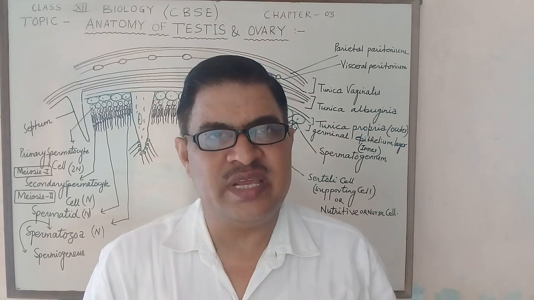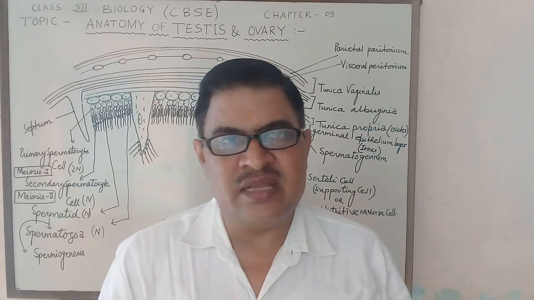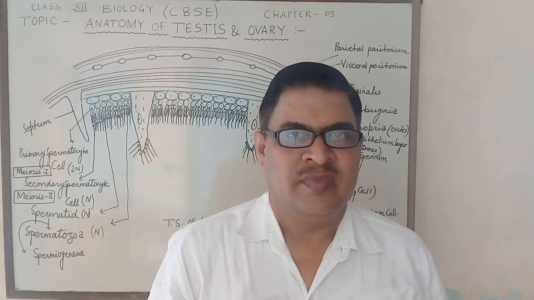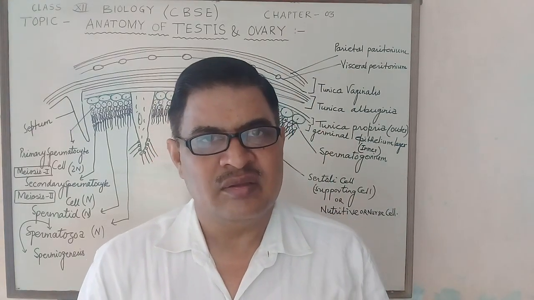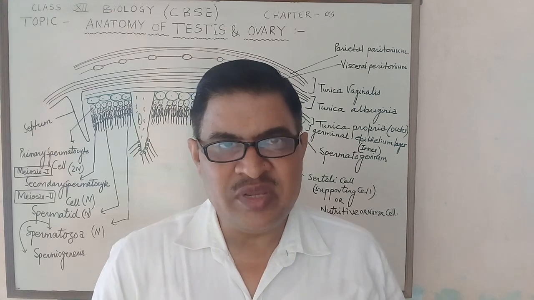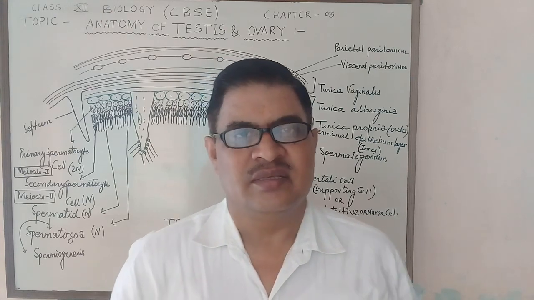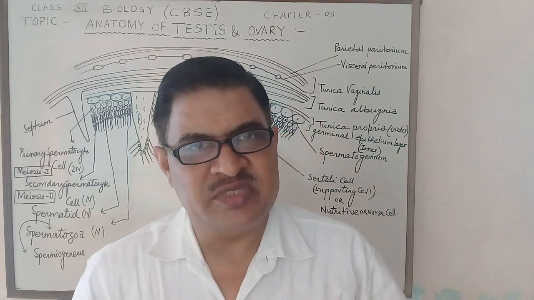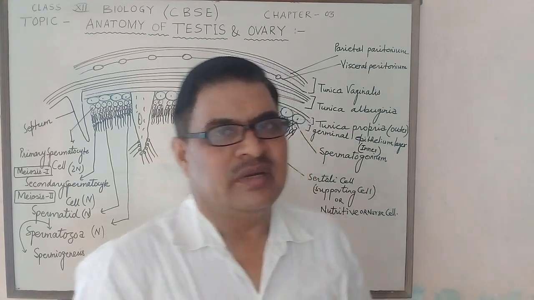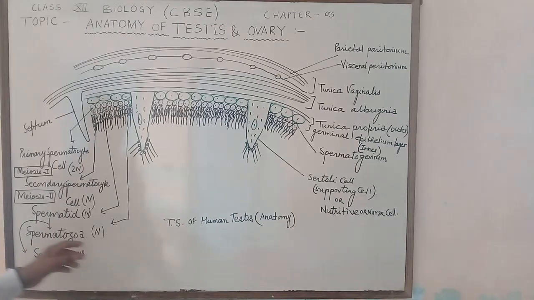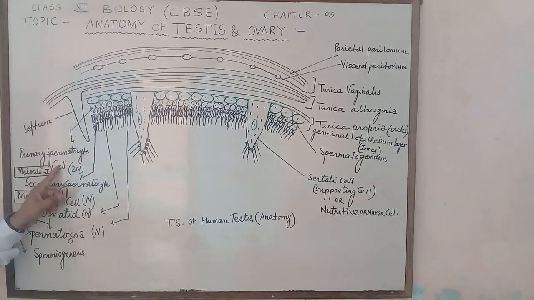Few Sertoli cells are present in the germinal epithelium, and spermatogonium cells are present between the Sertoli cells. Spermatogonium cells, by mitosis division, develop the primary spermatocyte cell.